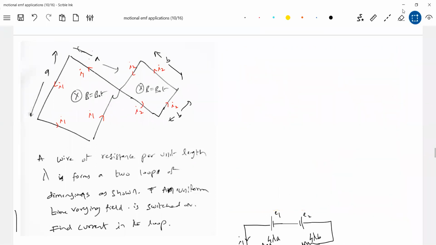We can't generalize it. What is E1? E1 should be A square dB by dt. What is E2? A square B square.